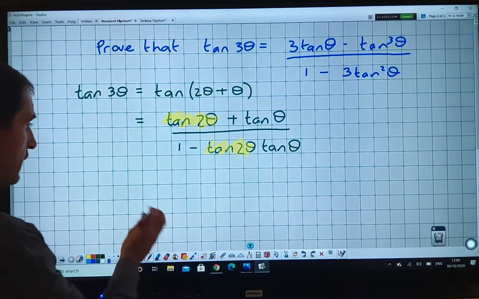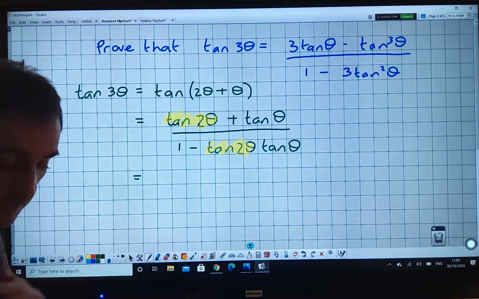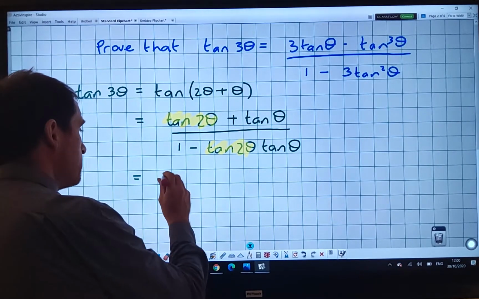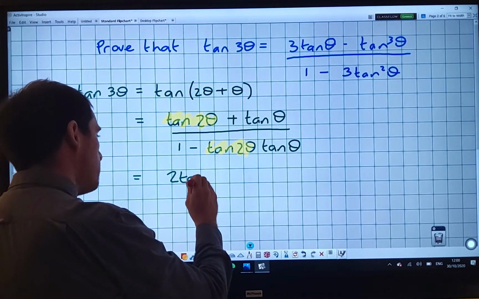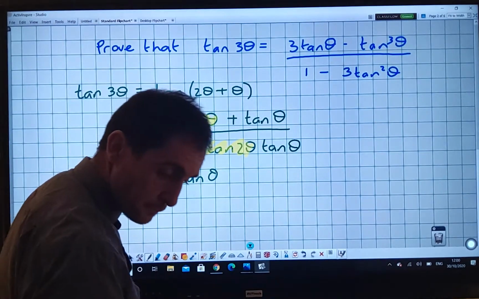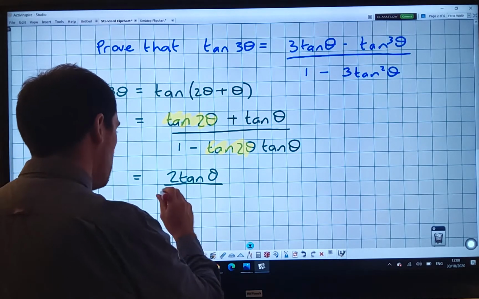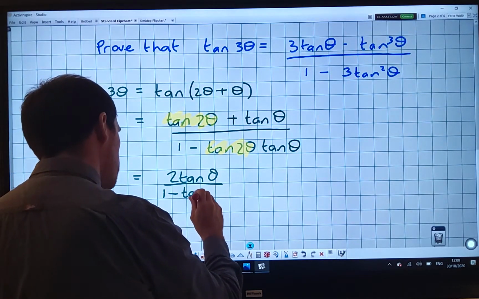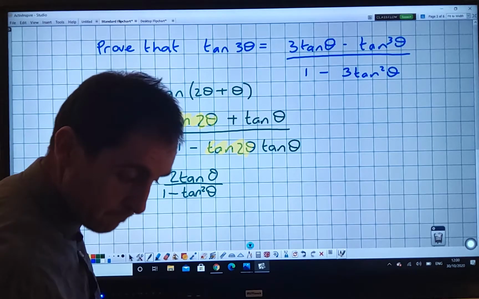Okay? So then that allows me to write, so instead of tan 2 theta, I can say that that's 2 tan theta all over 1 minus tan squared theta.